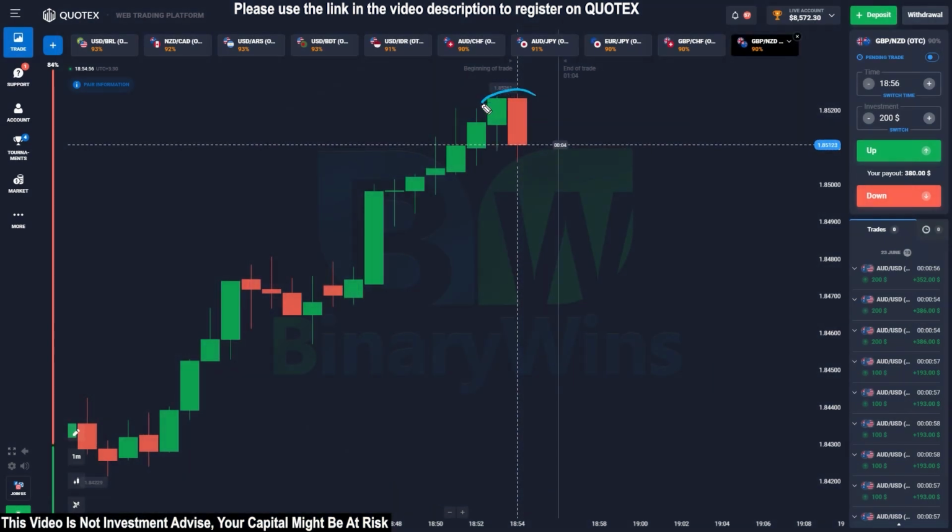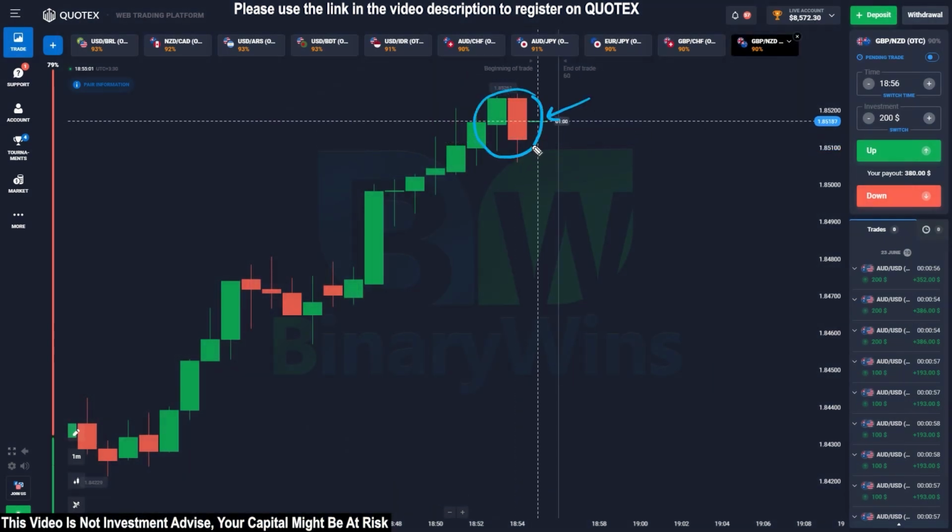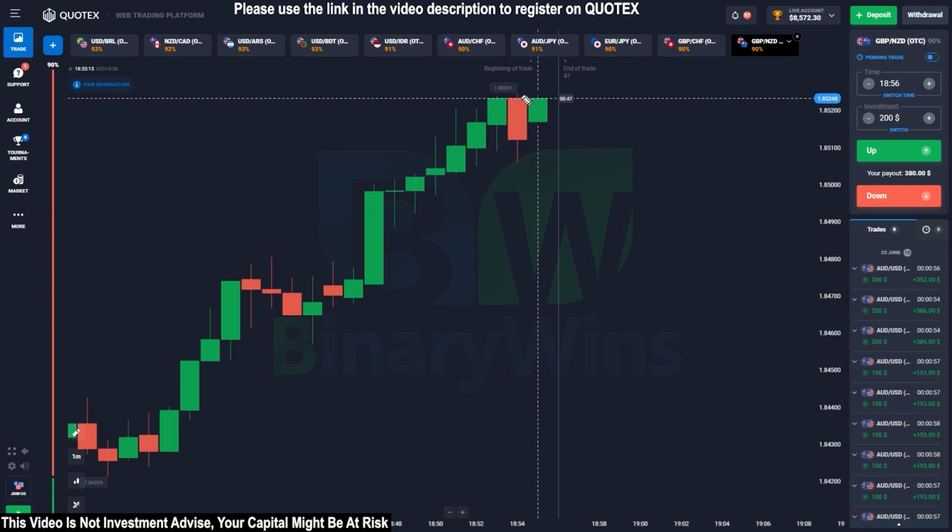Now look here. As you can see, the red candle body is bigger than our green candle body, and it has made a new high compared to the previous candle.